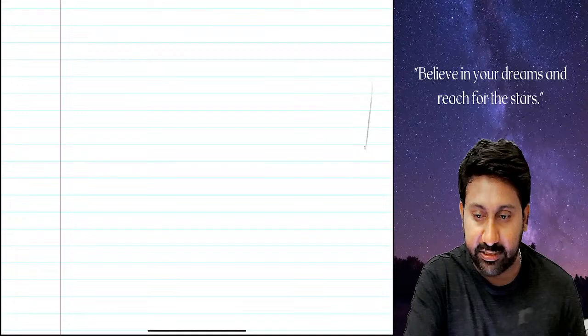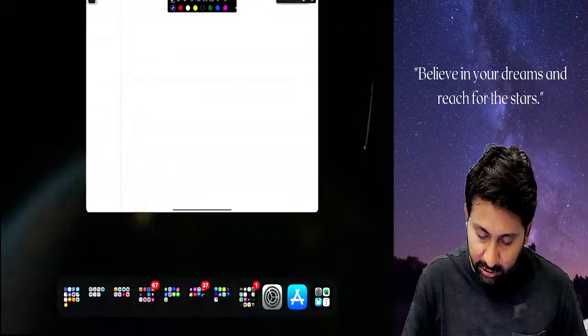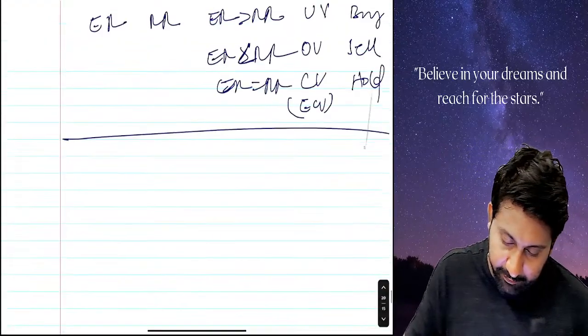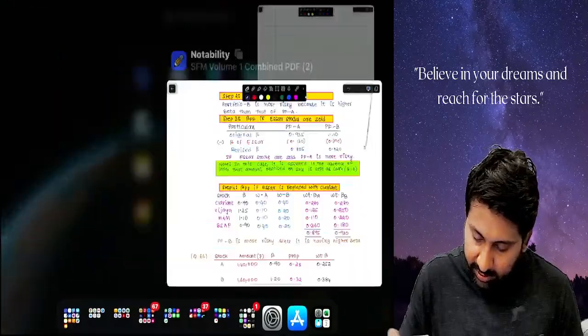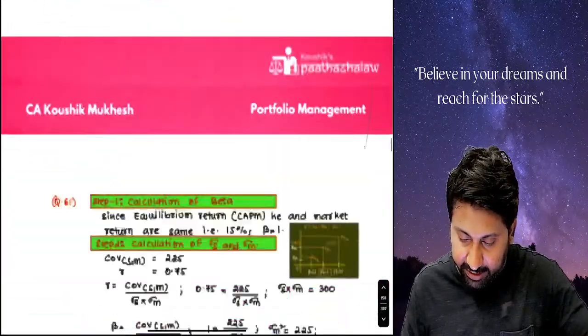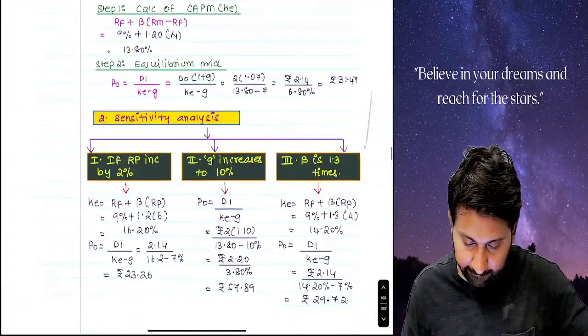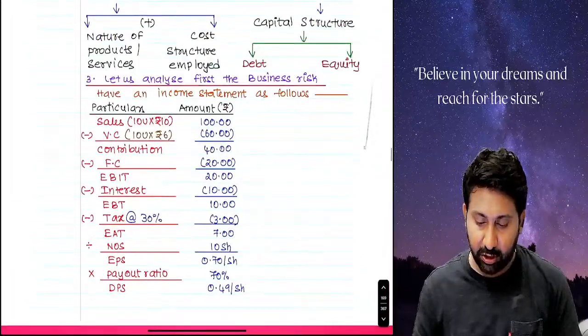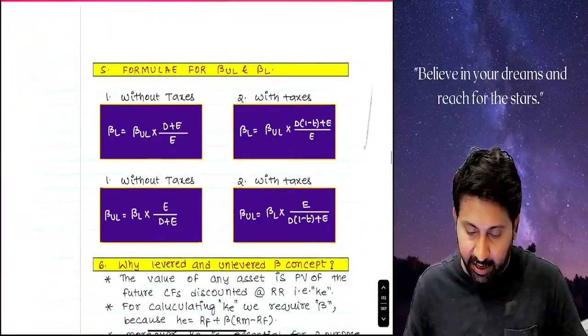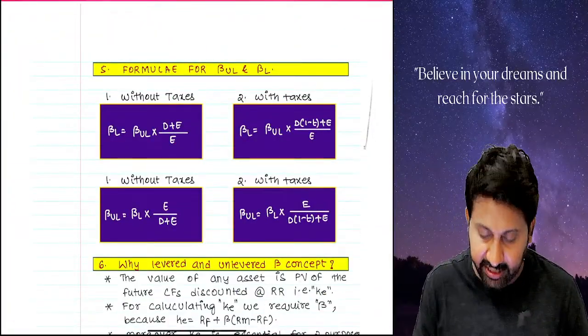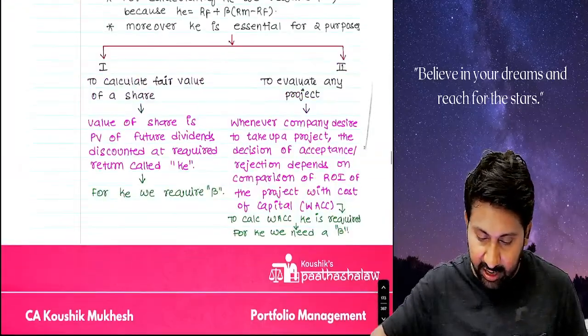The next topic in the portfolio theories, the most important one, is the concept of levered and unlevered beta. What is the concept? Directly I will go into the formula.